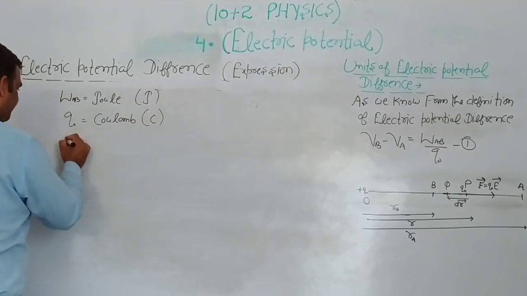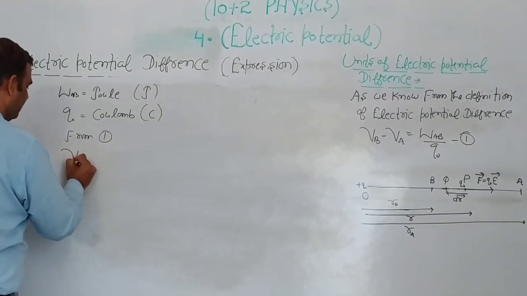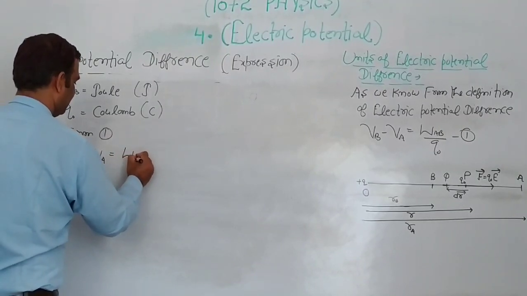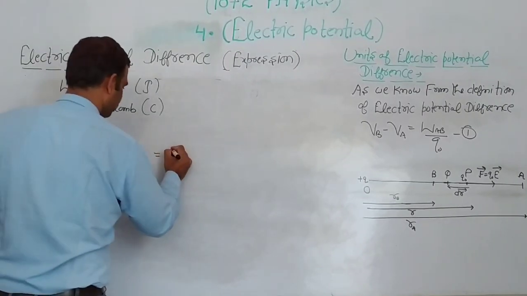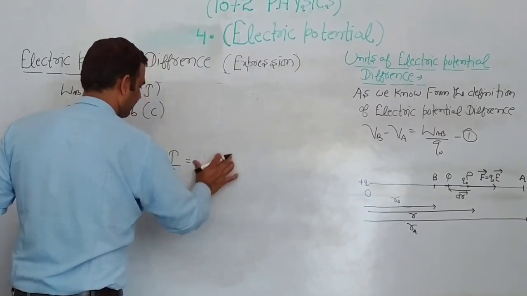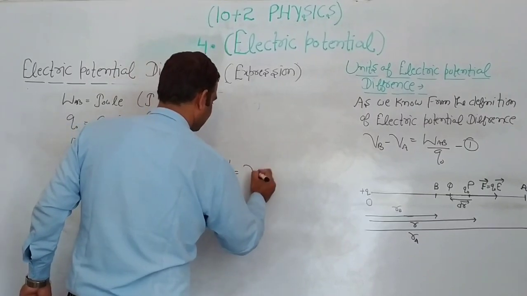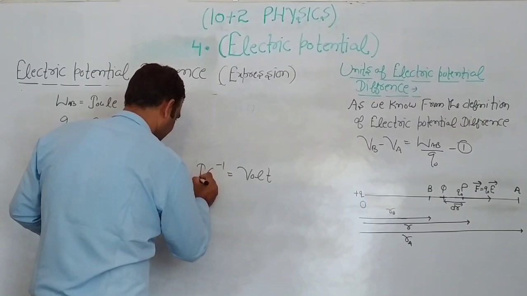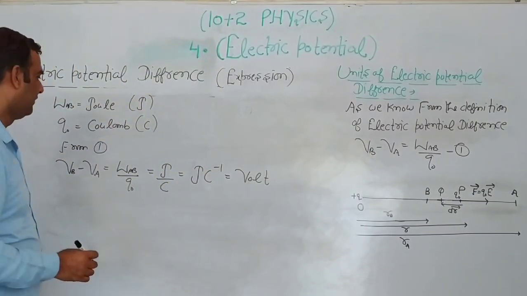So from equation 1, V_B minus V_A equals W_AB by Q naught, so this will become joule over coulomb, joule per coulomb, and this is known as the volt.